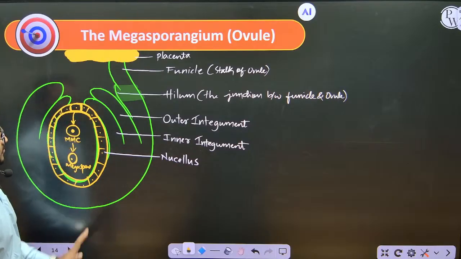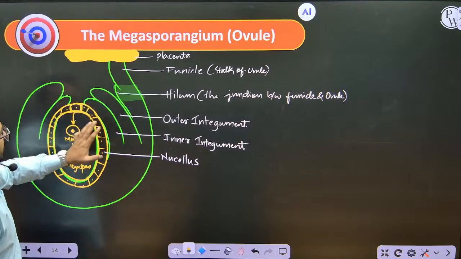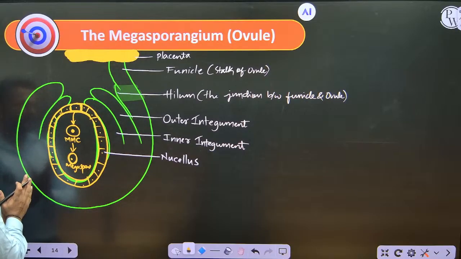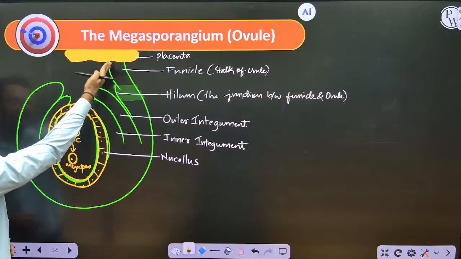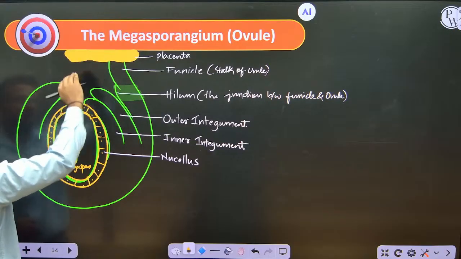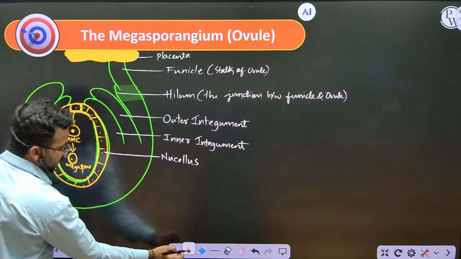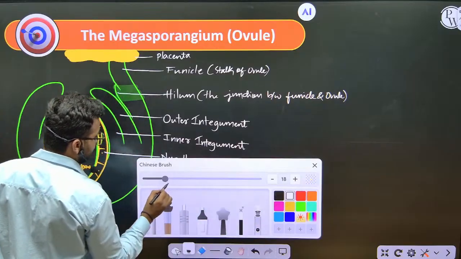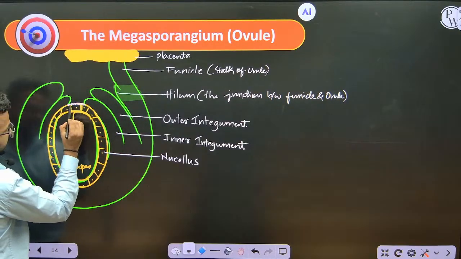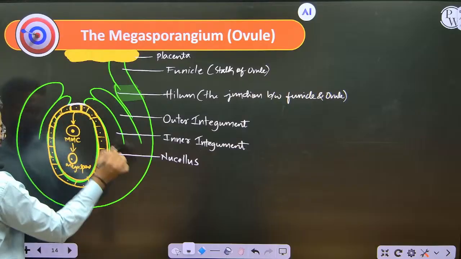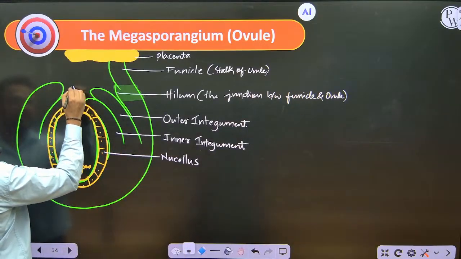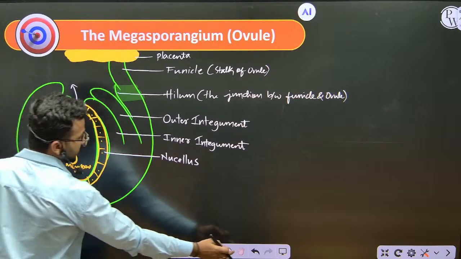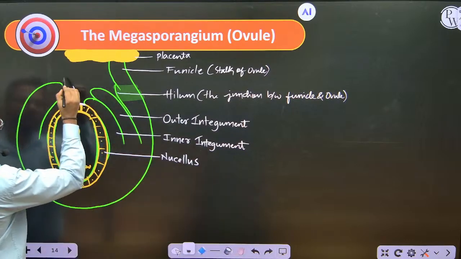This is the arrangement of the ovule. See, this is the placenta, and the opening of this ovule is there. This opening of the ovule, we call micropyle.